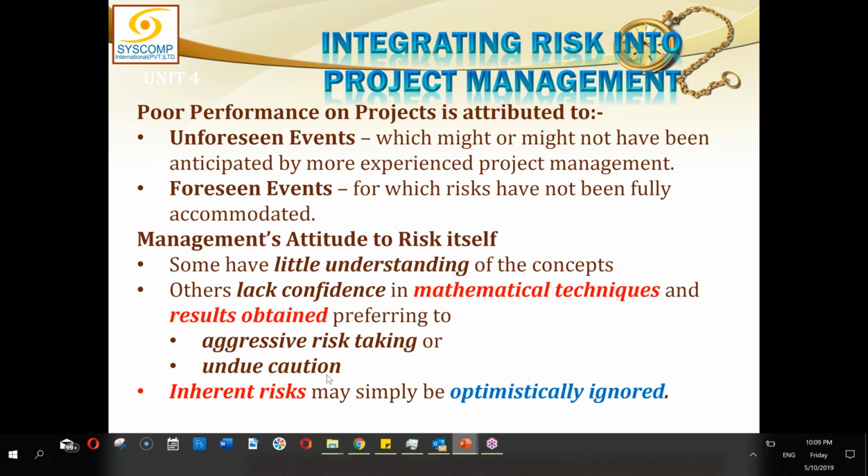Aggressive risk taking is trying to be brave for nothing without any calculation, and undue caution is trying to be extra cautious and ultimately not taking risk at all. So inherent risks may simply be optimistically ignored. This also we have talked about.